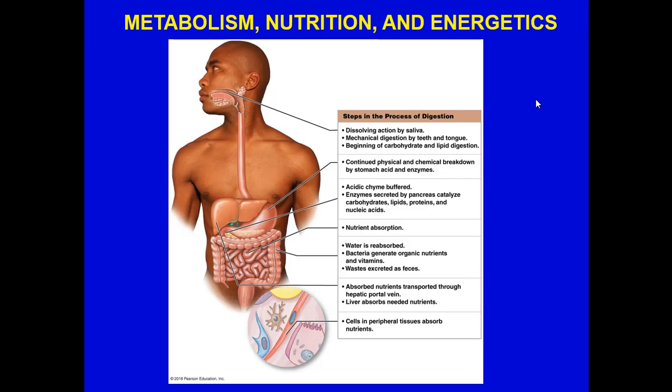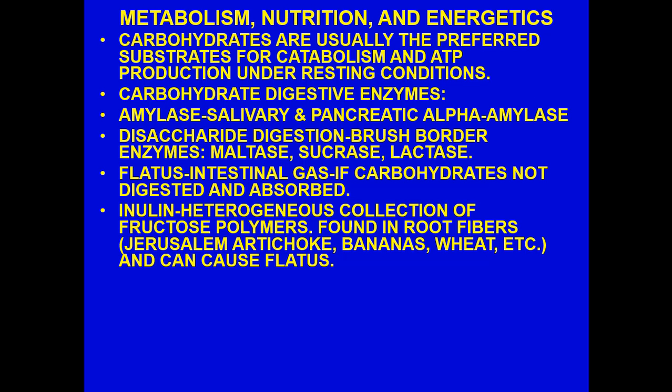Now, the absorbed nutrients that are in the blood will be transported to the hepatic portal vein. The liver will absorb the needed nutrients. The rest of them will be passed on to the systemic circulation. The cells in the peripheral tissues will absorb the nutrients. Everything looks good. A couple of pointers I bring up here in this slide.